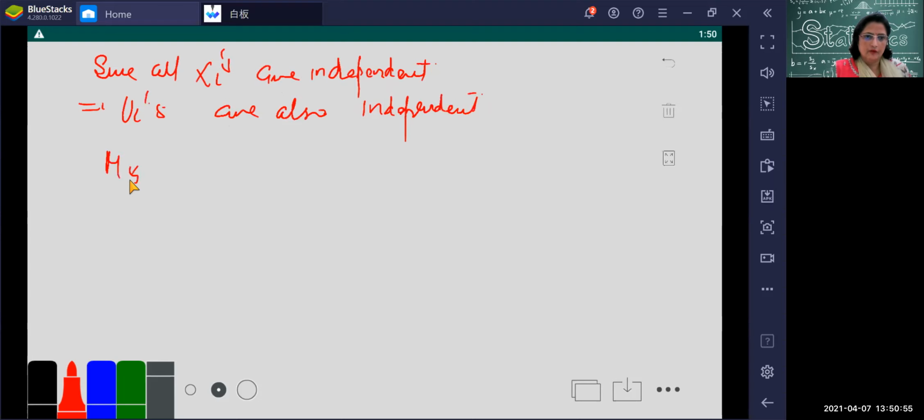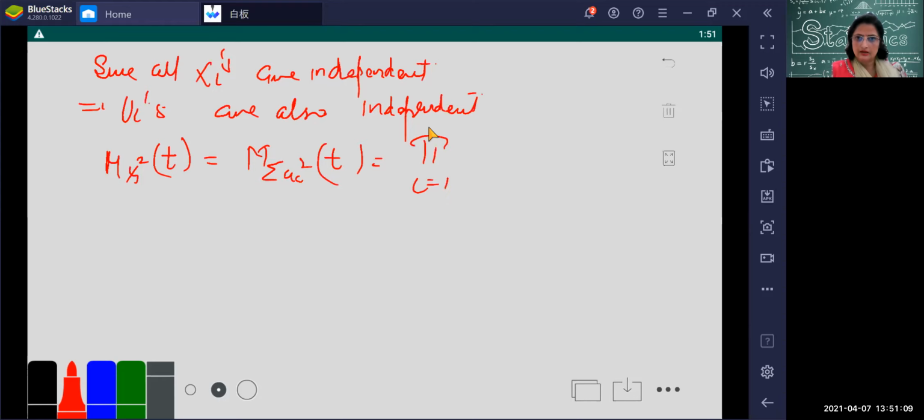Now we want the moment generating function of chi-square, which is the MGF of the summation of ui square at t. When variables are independent, the sum becomes a product; this is one property of MGF: the MGF of the sum is equal to the product of the MGFs. All are independent and identically distributed, so it becomes M of ui square at t, whole raised to power n. Let it be number 1.